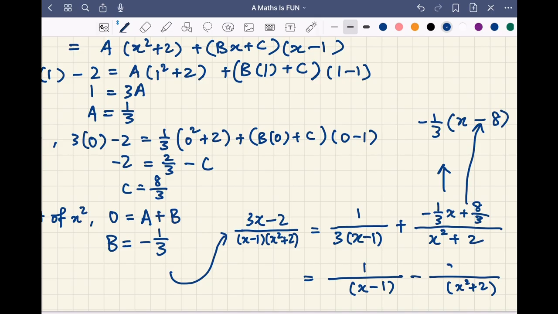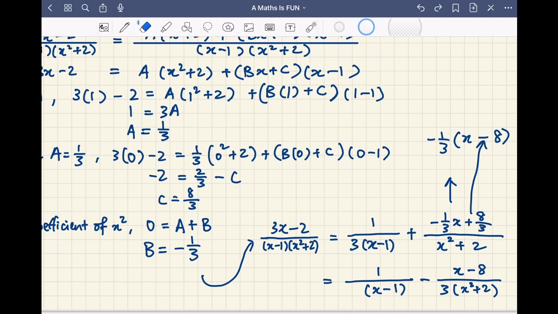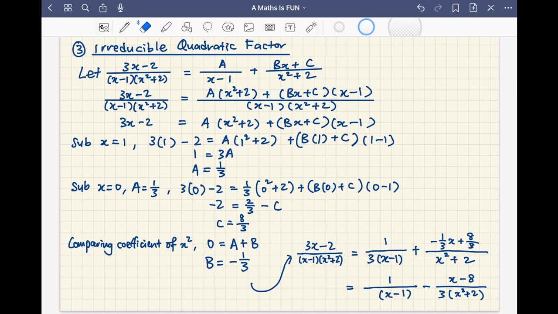So in the numerator we're left with x minus 8, and in the denominator we have 3 times x squared plus 2, and remembering that we have already factorized out a negative number, this becomes a minus. And so that's it for this case of irreducible quadratic factor.